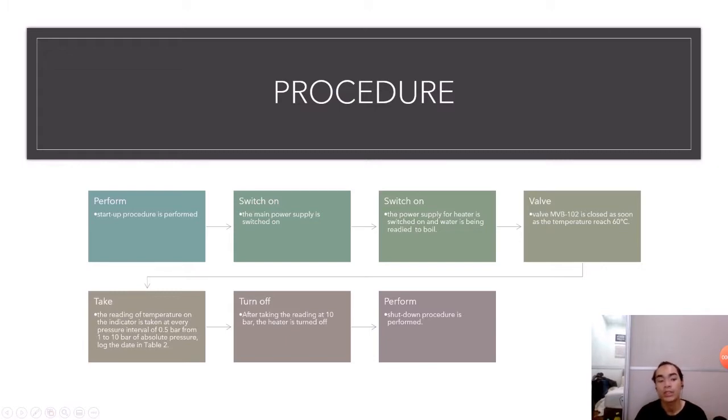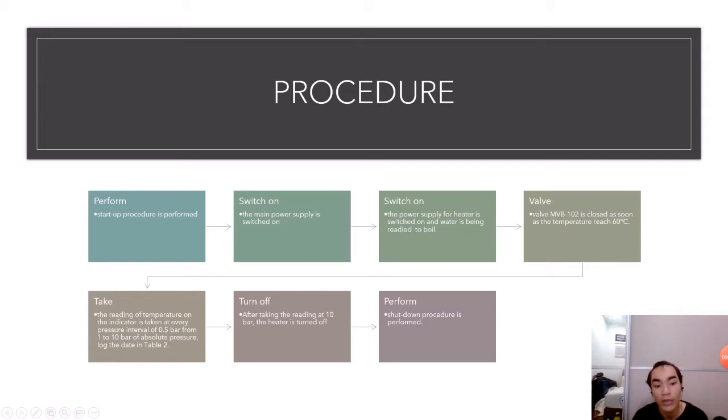Procedure. First is to perform the startup procedure. Second is to switch on the main power supply. Third is to switch on the heater, and we have to make sure that the water is ready to boil. Next is to close the valve as the temperature reaches 60 degrees Celsius.